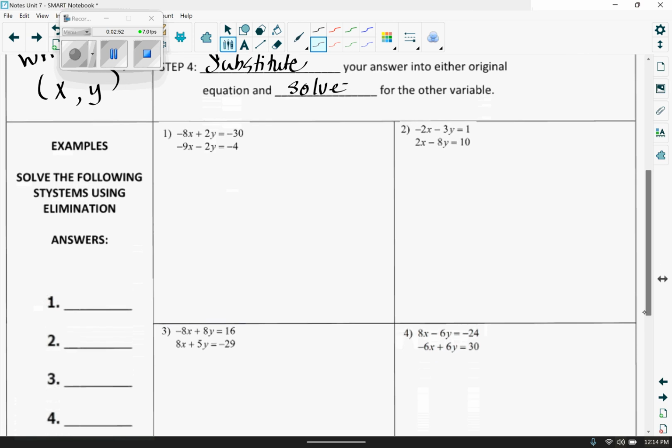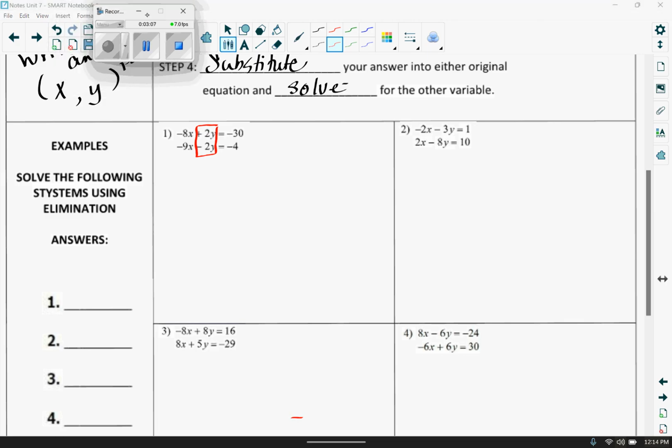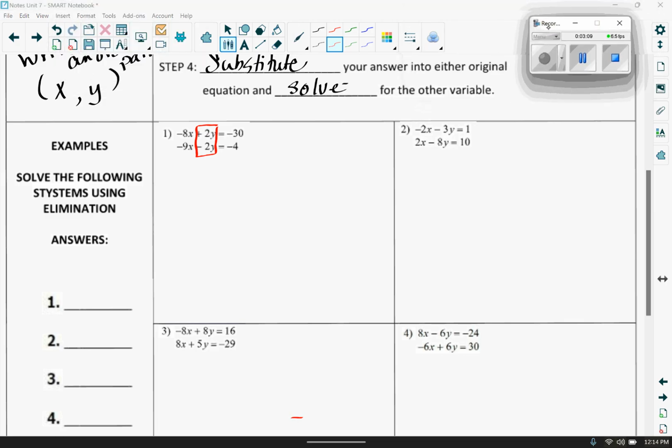So this first example, I'm looking at it and I want to point out that my y's are exact opposite of one another. Knowing that they're exact opposite of one another, that means that I can eliminate them when I combine like terms.